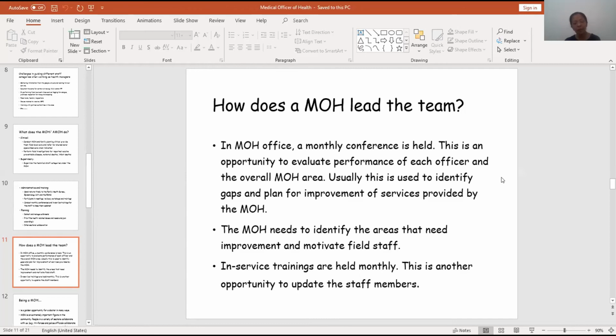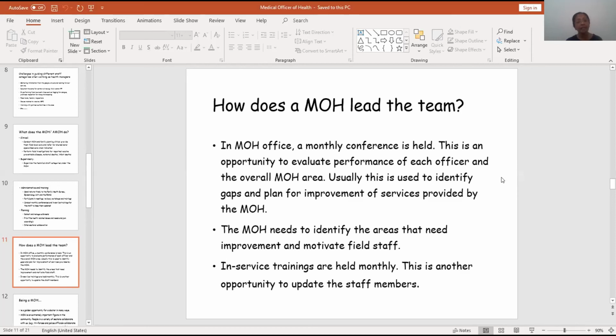It's a good lesson to prepare your presentation for the review meetings, national review meetings, because the midwives, the grassroots level workers, know the problems at the grassroots level. So you have to know that. Then let your staff speak at the monthly conference to improve their communication skills.